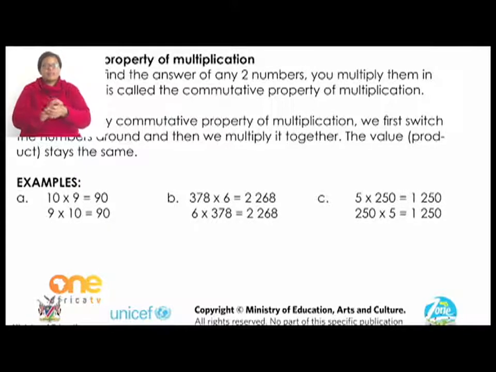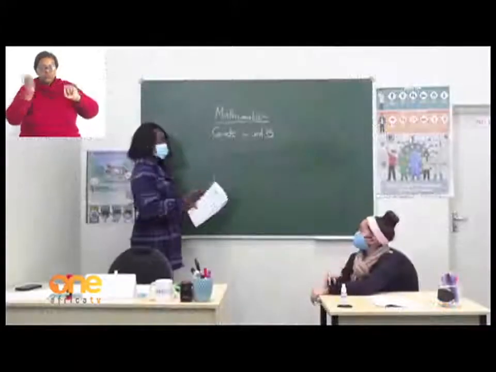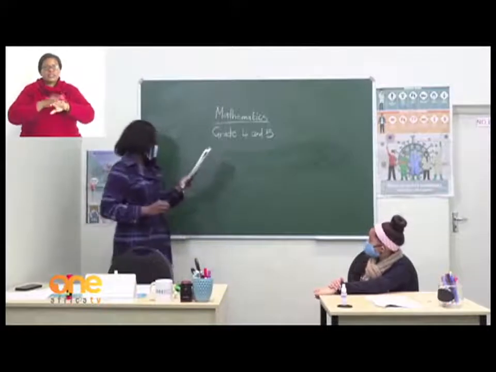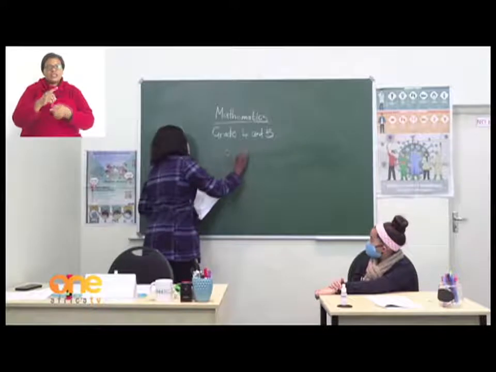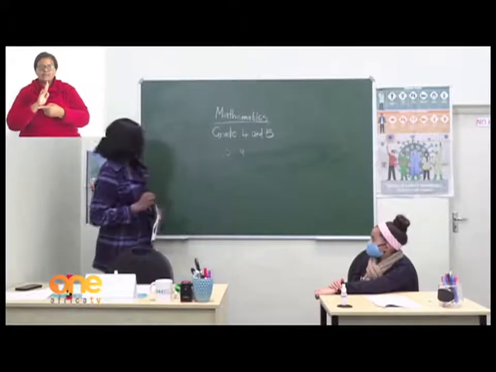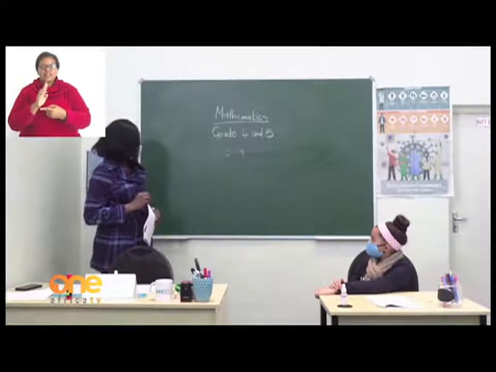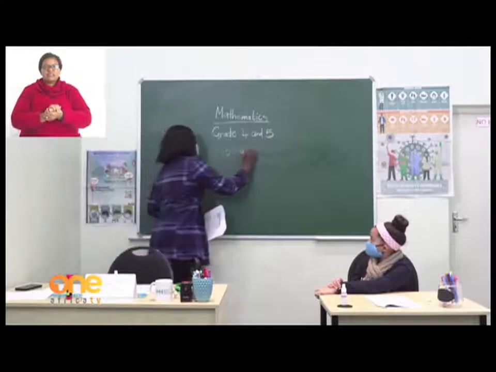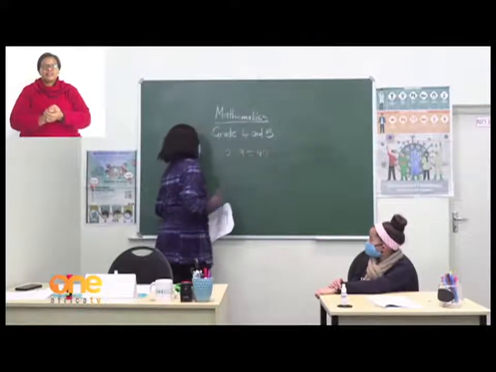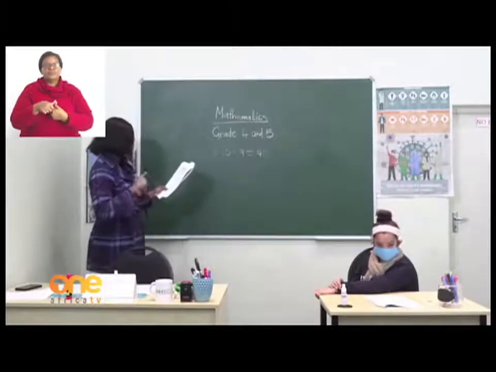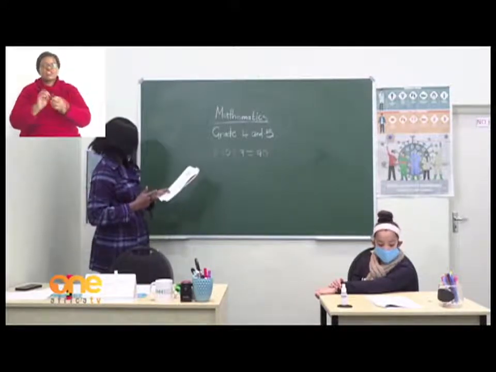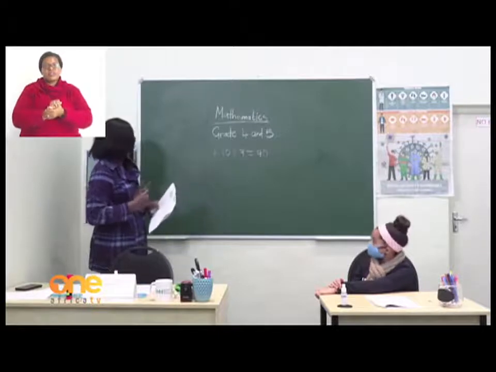Boys and girls, let's get on board. The first example. Example 1. We have 10 times 9. What is our answer? 10 times 9 is 90. Good. Remember that we have to switch the numbers around and we multiply them together.